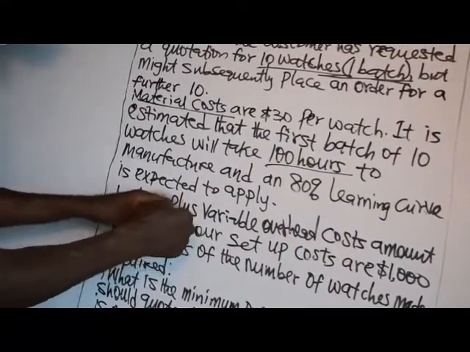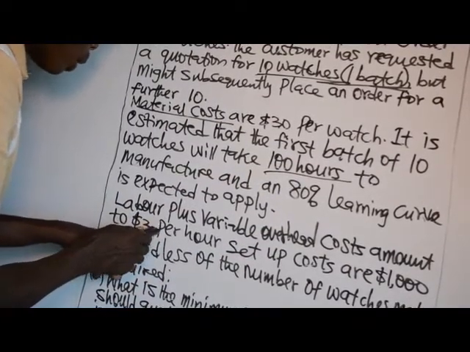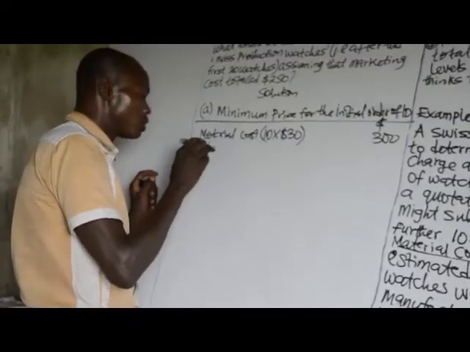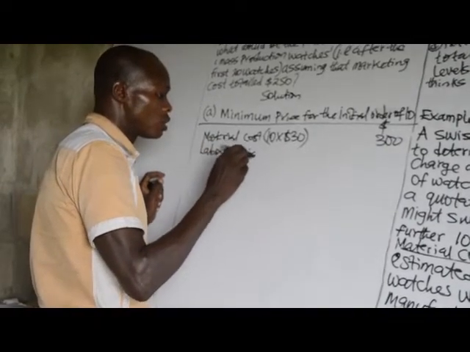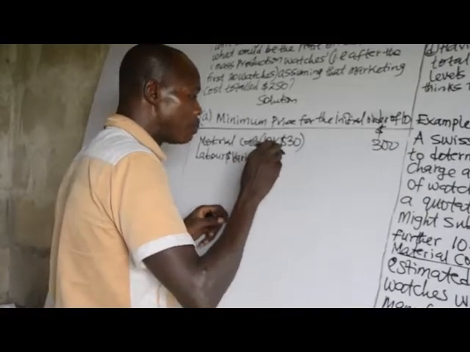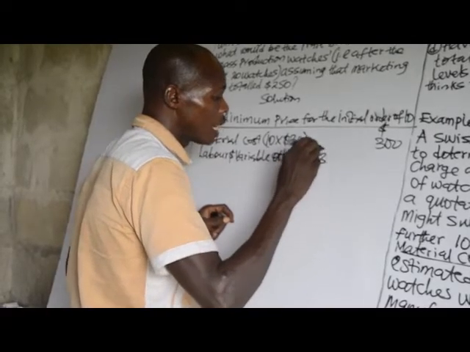Note the first batch takes 100 hours. The variable overhead cost and labor cost will cost $3 per hour. So we have labor and variable overheads.